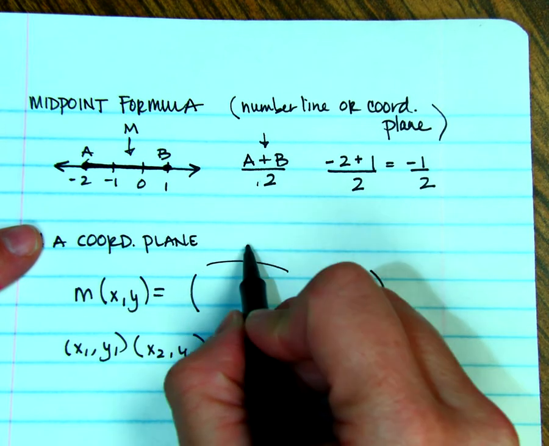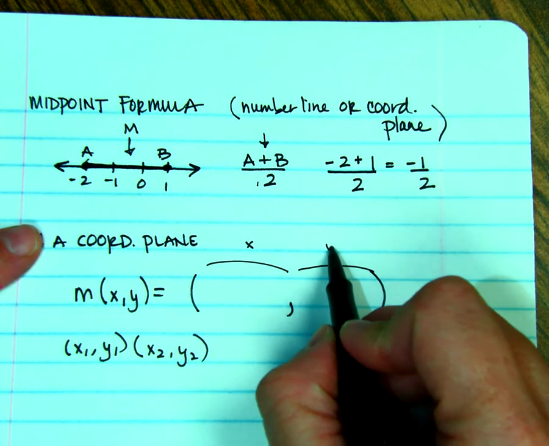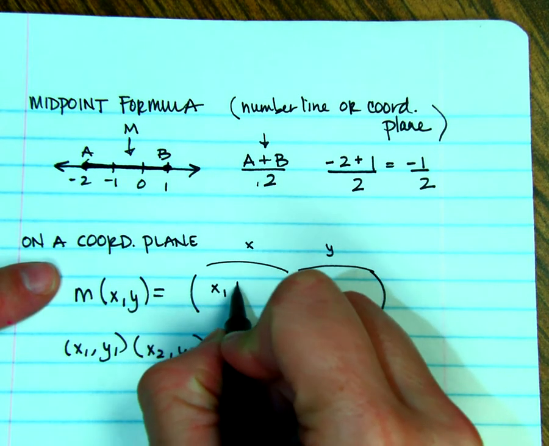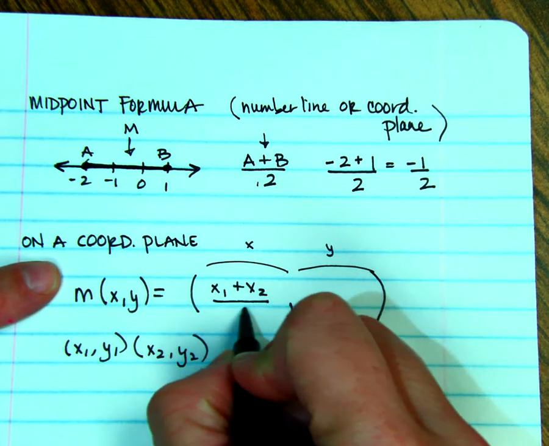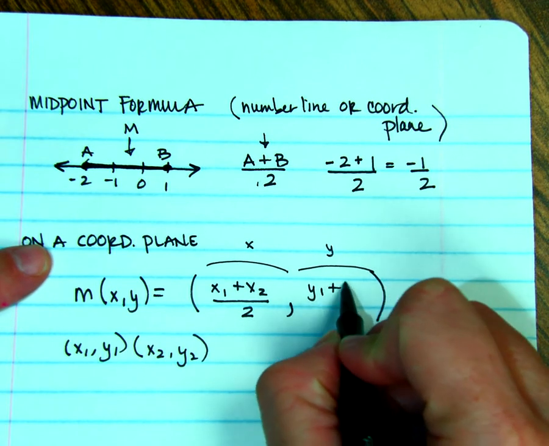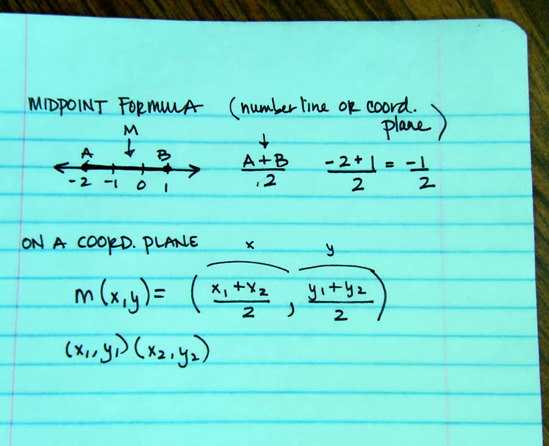So this whole thing represents my x and this represents my y. I'm going to average x sub 1 plus x sub 2, divide that by 2. I'm going to average my y, so y sub 1 plus y sub 2 divided by 2. So those are the two formulas.